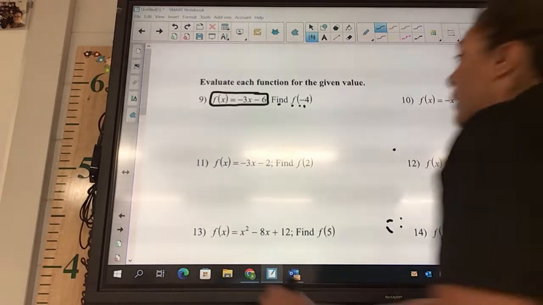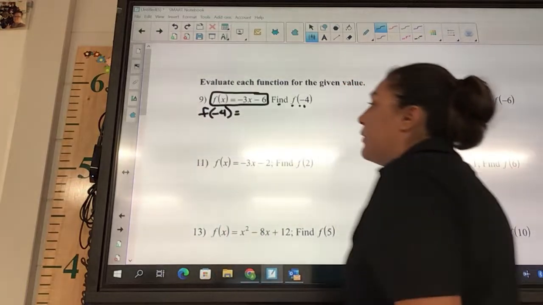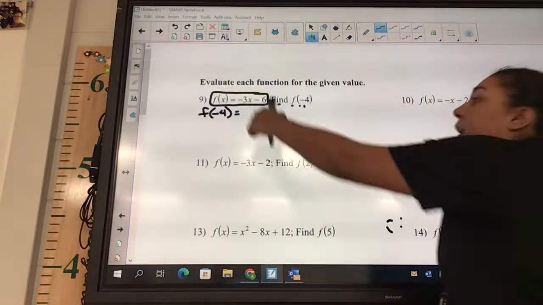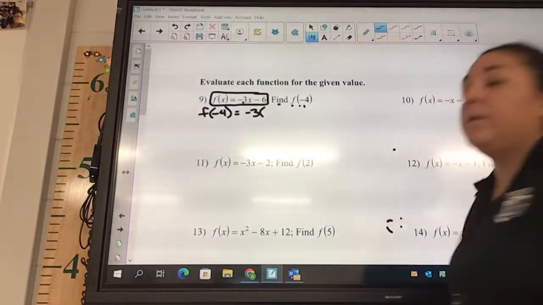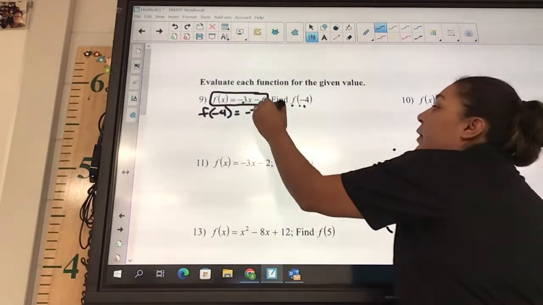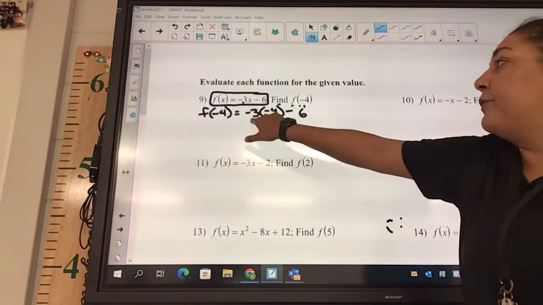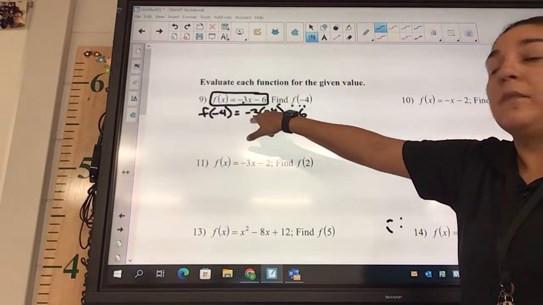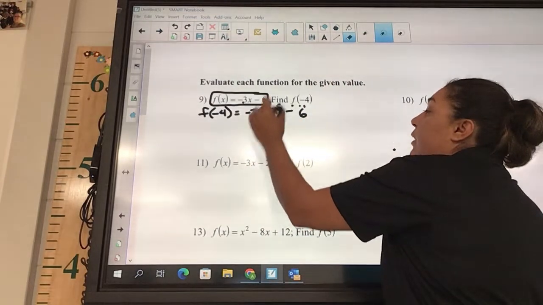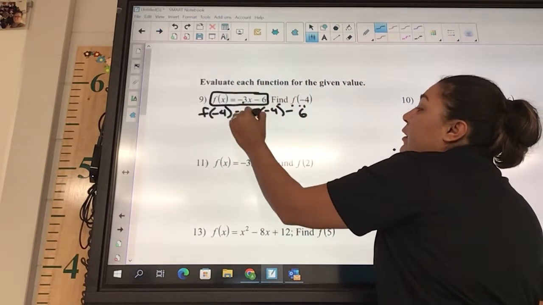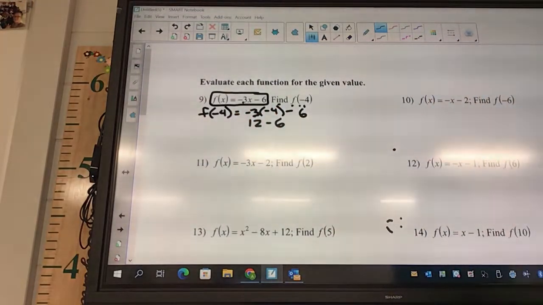I got a -3x, so instead of x, what am I putting? -4 minus 6. Okay, well, what is -3 times -4? Positive 12. Okay, so I'm going to have 12 minus 6. What is 12 minus 6?